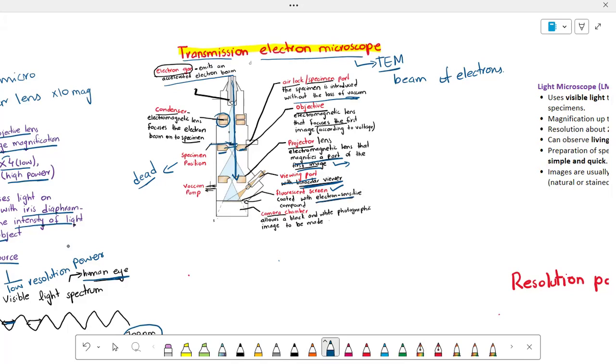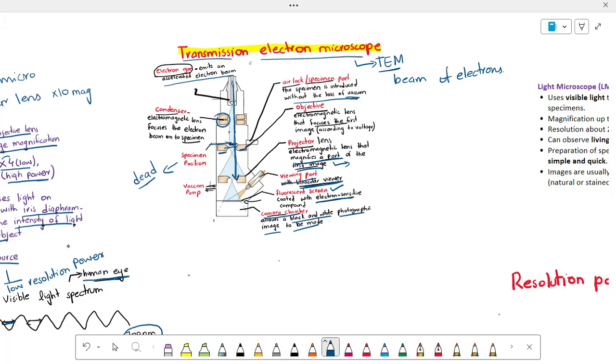At the last, we have a camera chamber, and it allows a black and white photographic image to be made. In transmission electron microscope, we get a black and white image. We don't get a colored image. So this is all about transmission electron microscope.